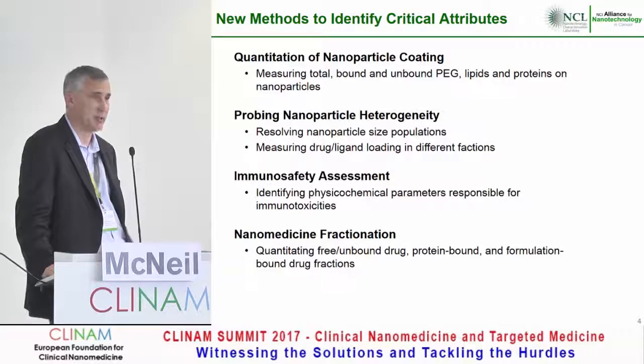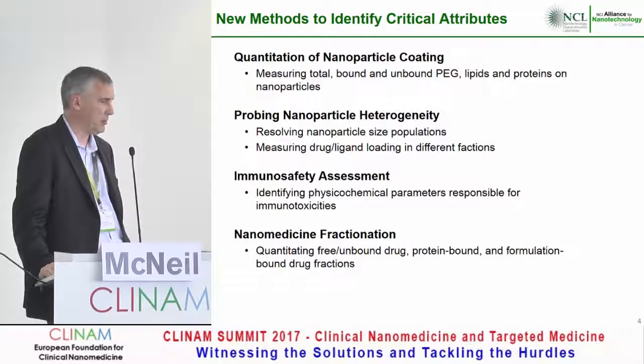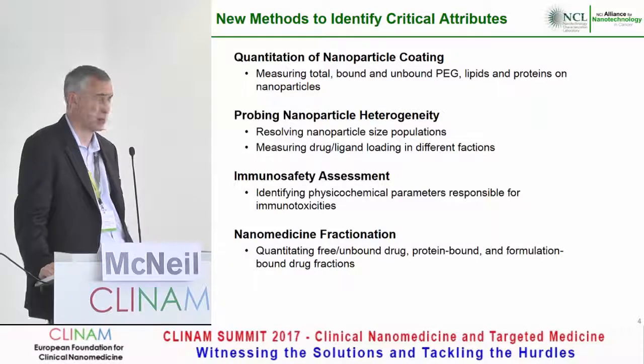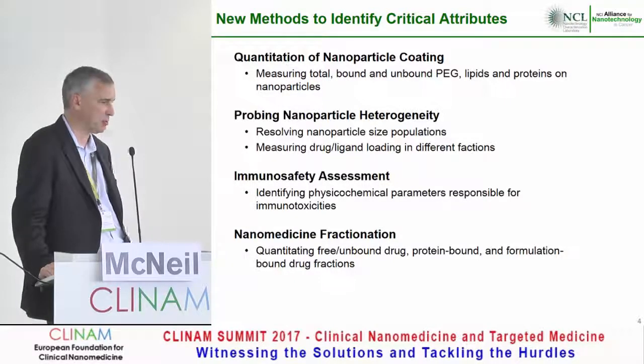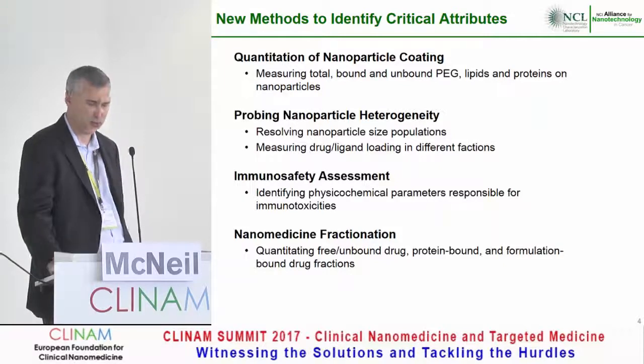I just gave you an example for monitoring PEG. We can look at batch-to-batch heterogeneity and where the drug is within various species in a batch. We can do an immunosafety assessment, and we're having some great success looking at in vitro and in vivo responses there, and again, looking at how PCC changes immunotoxicity.